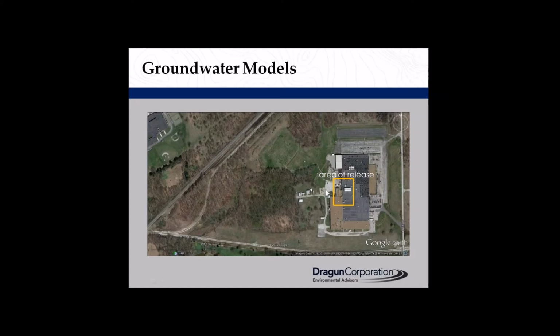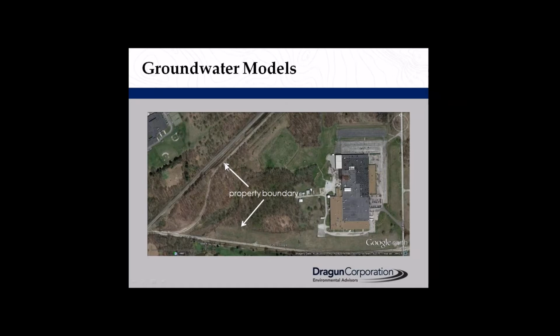So there was a release of trichloroethylene at this property. This area was used to make aftermarket car parts, and they used trichloroethylene, which is carcinogenic at low concentrations. It's used as a metal cleaner. It was released, and it got into the ground and impacted the groundwater in this area.